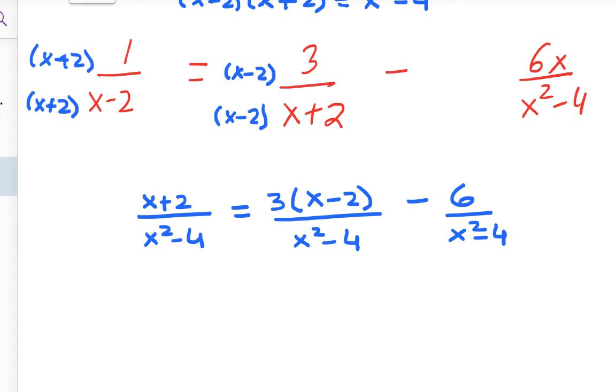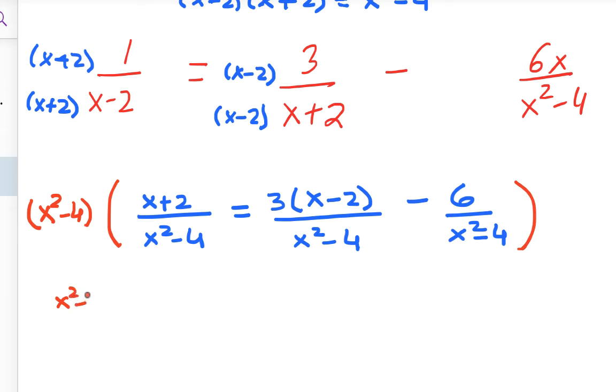So what we can do is multiply this whole equation by x² − 4. When we do that, notice everywhere this common denominator cancels out. What are we left with? Let's just write it down, literally everything here.